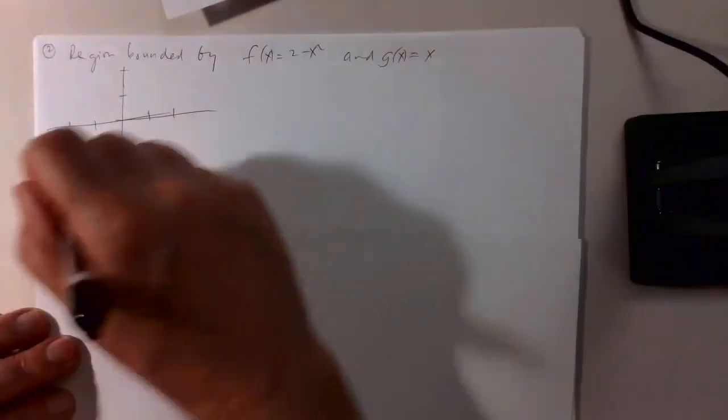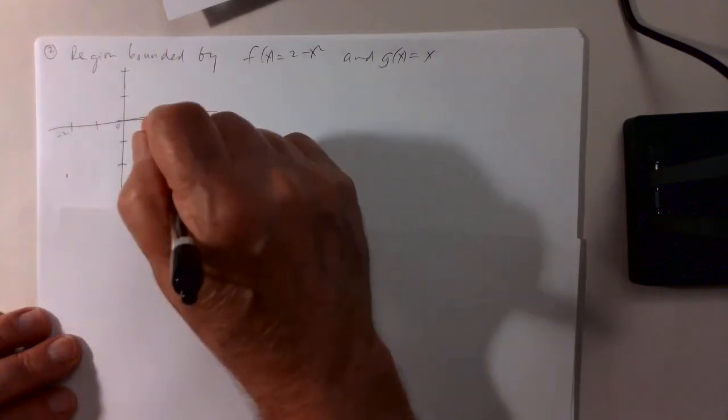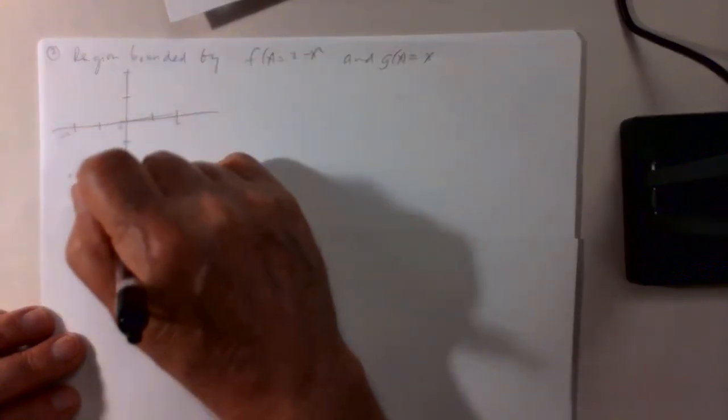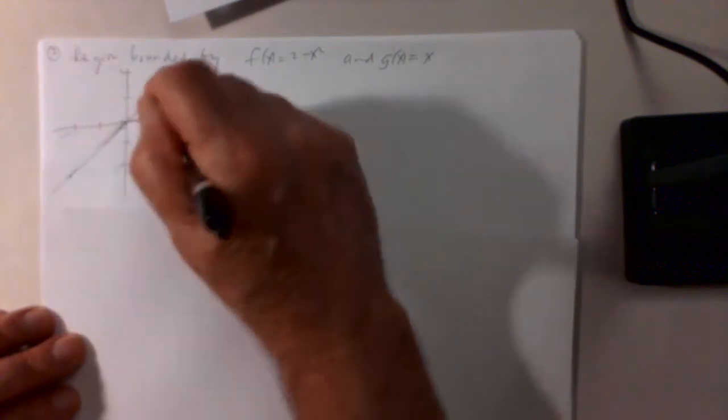The straight line y equals x, this is minus 2, 0, 2, minus 2, plus 2. That line.